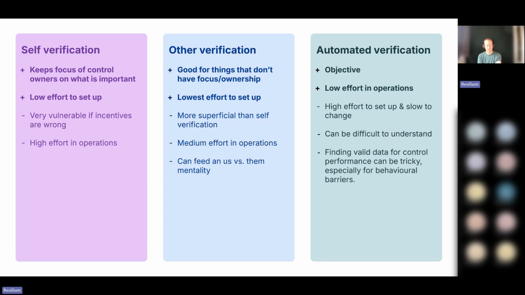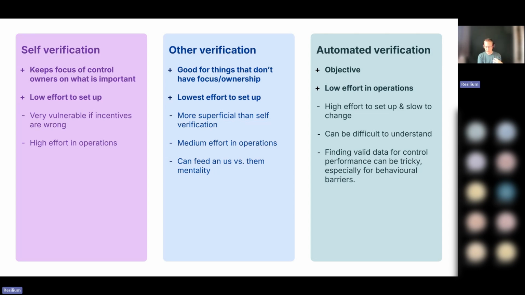If you have to choose between these two, there are some ups and downsides. I like self-verification a lot myself, because the people that own the barriers or the controls, it's sort of a trigger to keep their focus on what you think is important.